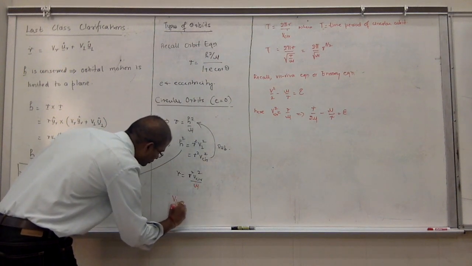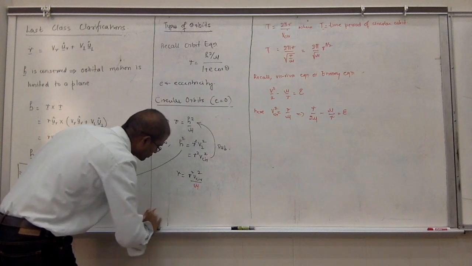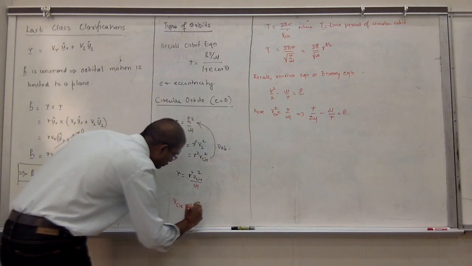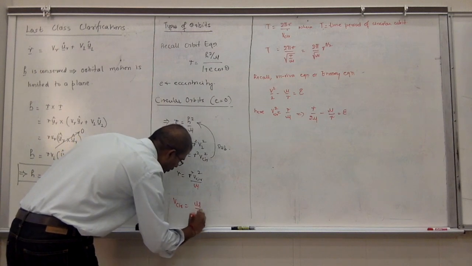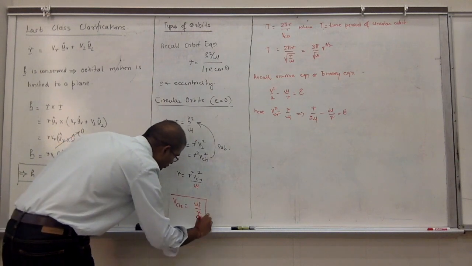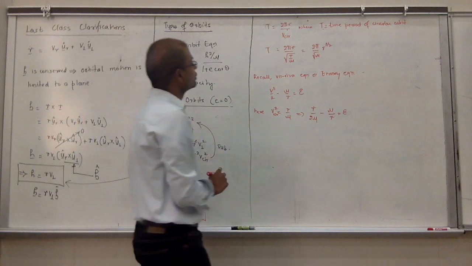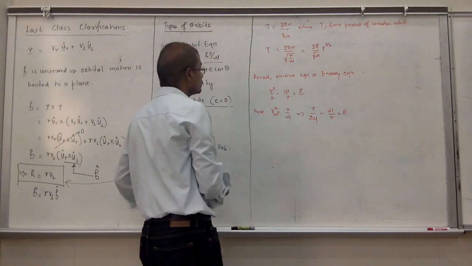V circular is equal to mu over r, not r over mu. Okay. That's all.